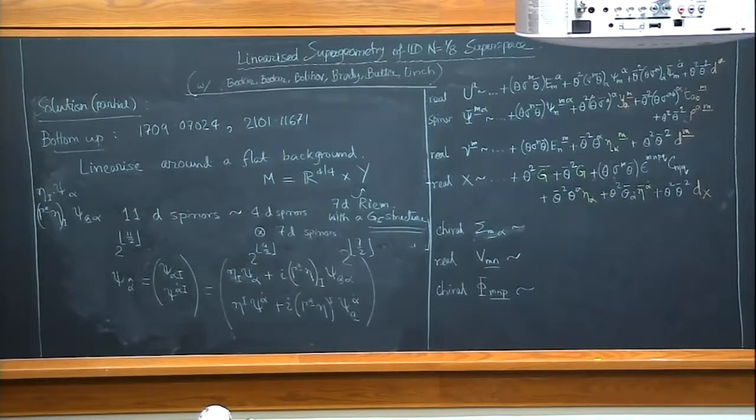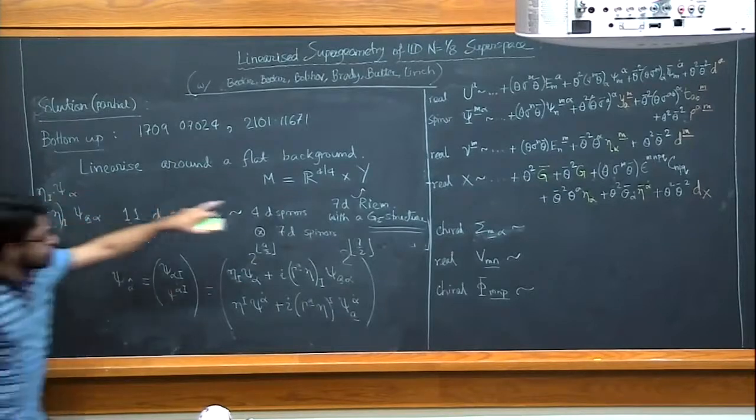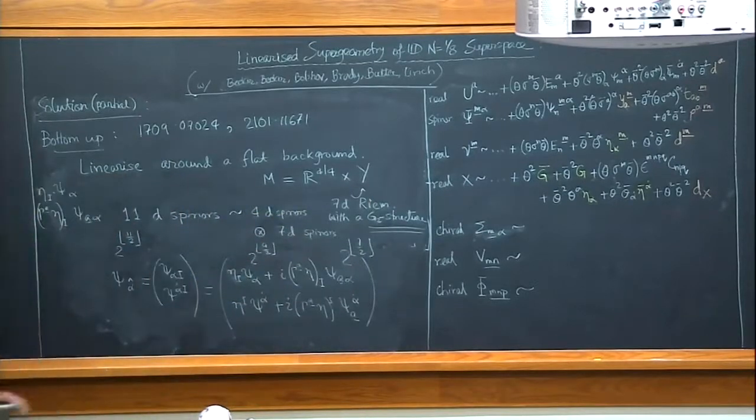Okay. Can you say what is the eta? Eta is an arbitrary spinor of SO(7) of this Y internal space that we have. Right now, at this point, this eta can be any arbitrary 7-dimensional spinor that you can choose. This is a choice of basis that you're making.